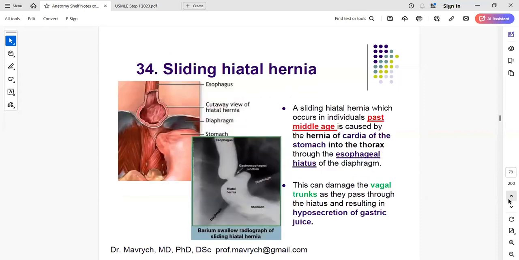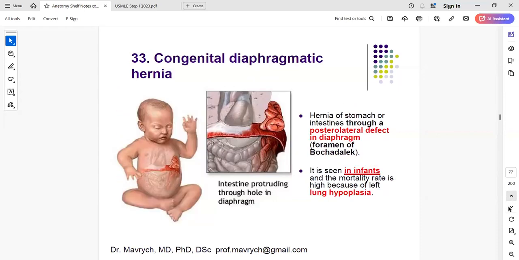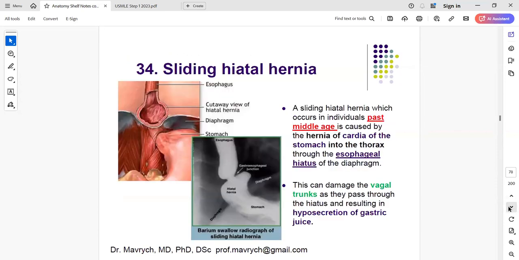Congenital diaphragmatic hernia is common in infants, but sliding hiatal hernia is usually common in middle-aged people. Like the name suggests, a part of the intestine would slide up, and the patient would present with GERD symptoms: acid reflux, cough, dyspnea, sleep apnea.